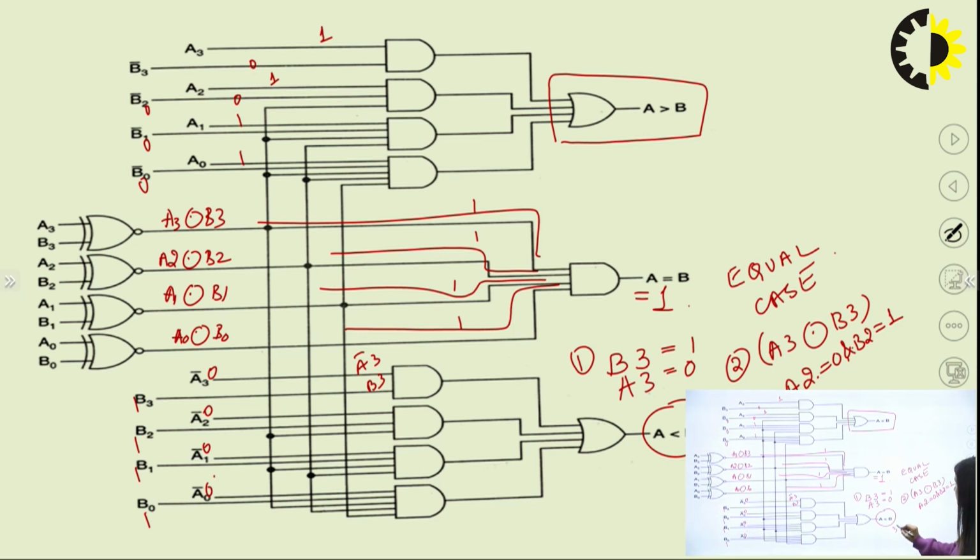Third case, A2 XNOR B2, B1 is equal to 1 and A1 is equal to 0. Fourth case, this along with this condition.